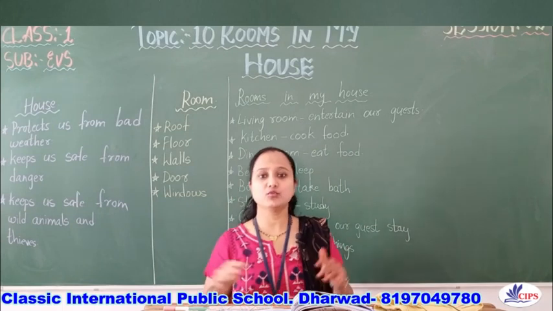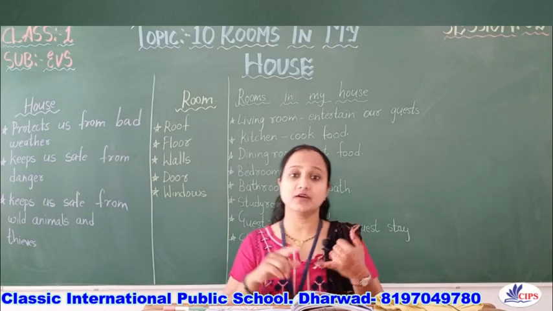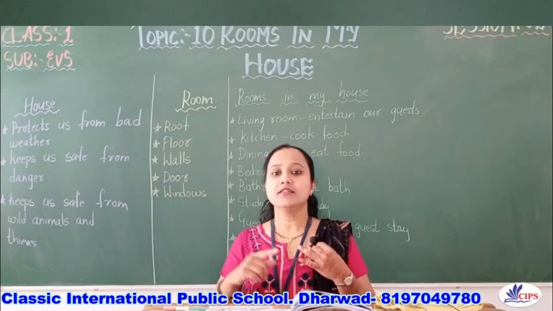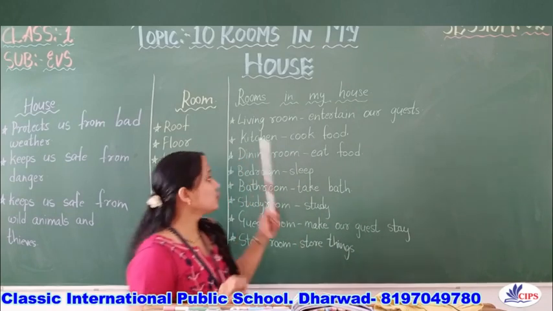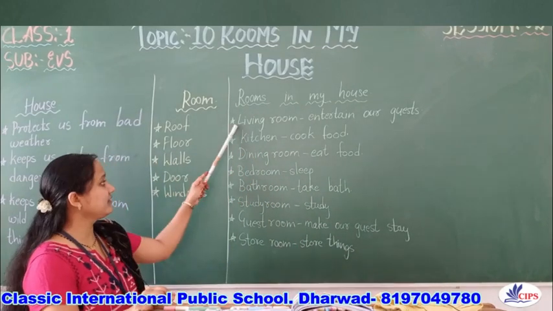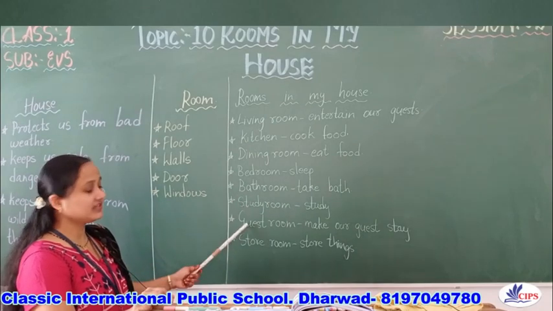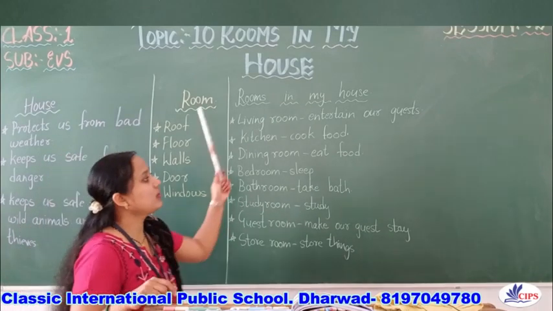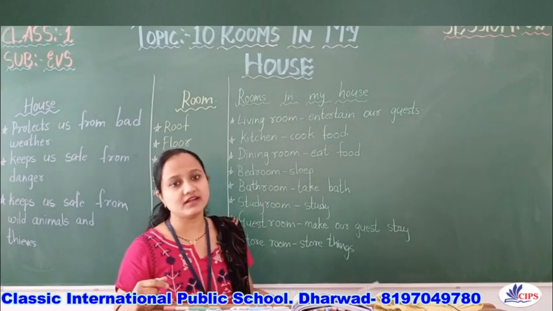For a room to exist, we should have the roof, the floors, walls, doors, windows, and also the different rooms in your houses, that is living room, kitchen, dining room, bedroom, bathroom, study room, guest room and the storeroom. We have also seen the uses of each room.